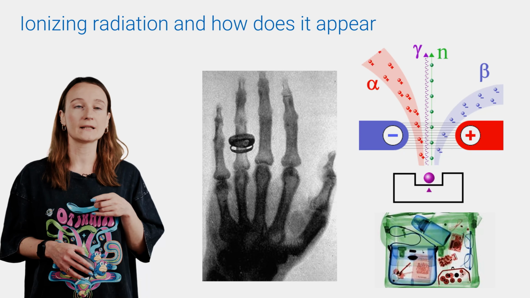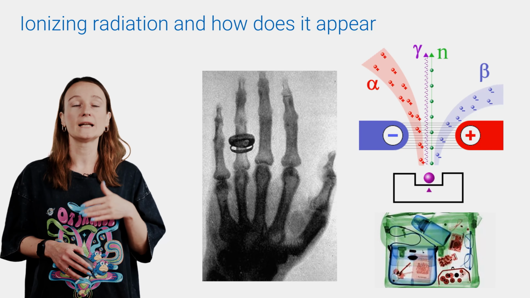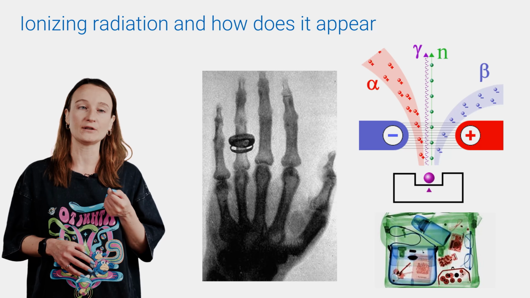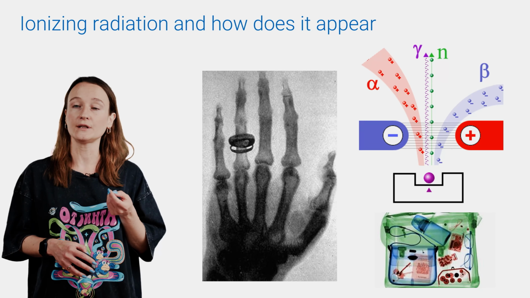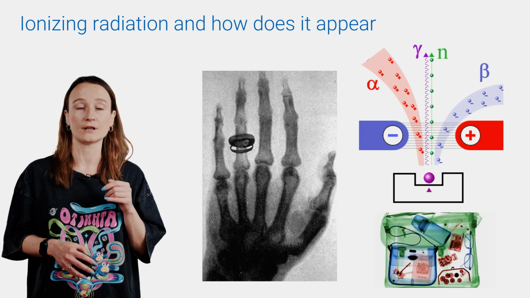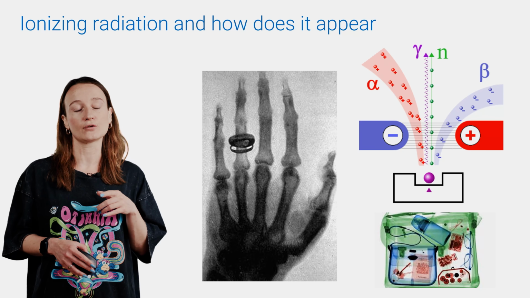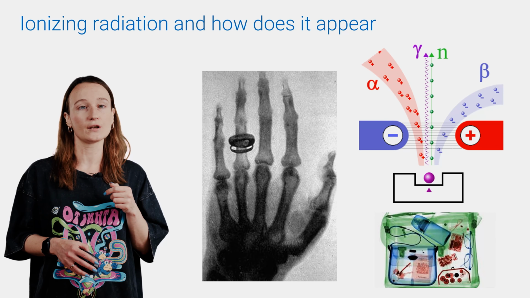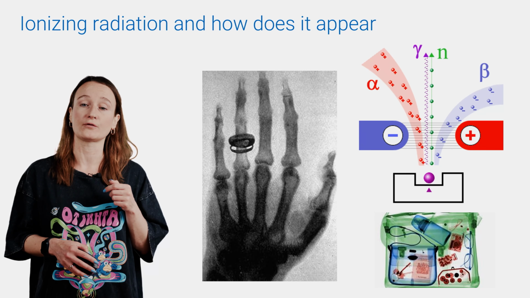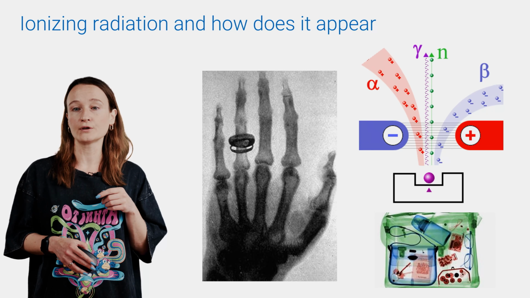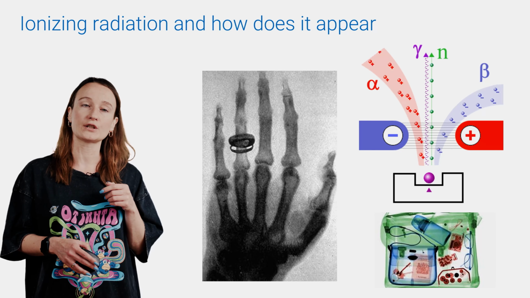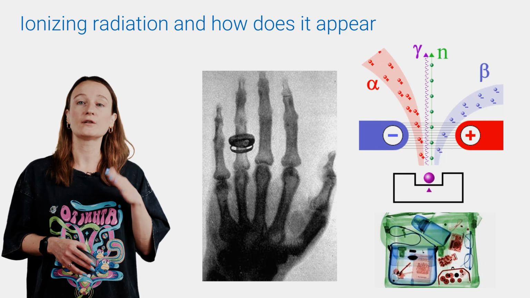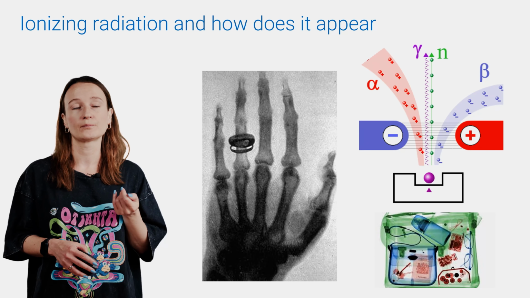The scientist came to the conclusion that some unknown radiation was emanating from the device. Röntgen called it X-ray. During the research, Röntgen noticed that the new rays were able to penetrate surfaces. It was found that almost all objects became transparent in the rays: wood, fabric, and glass.